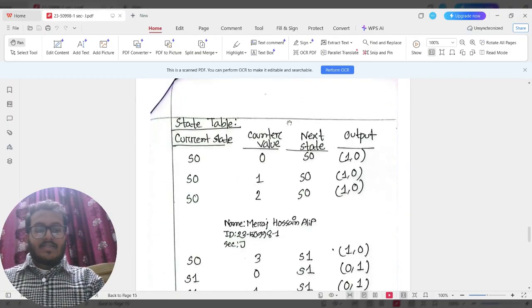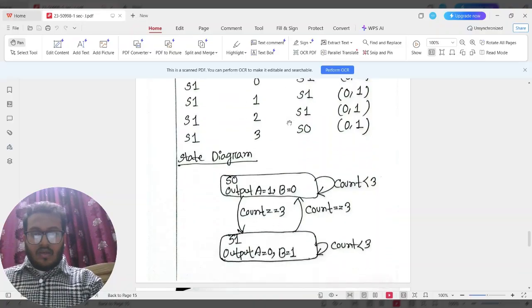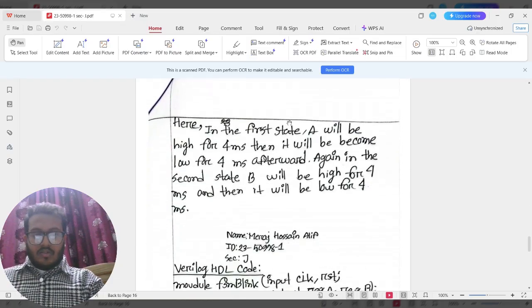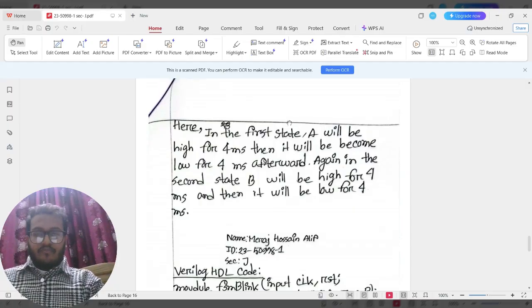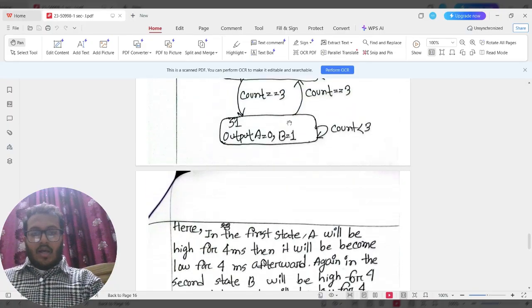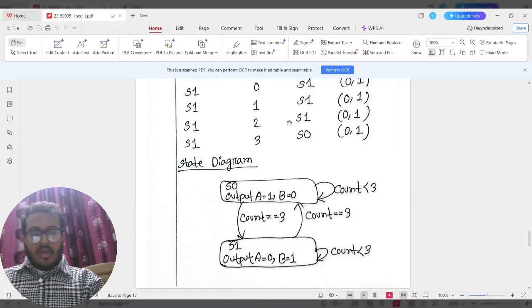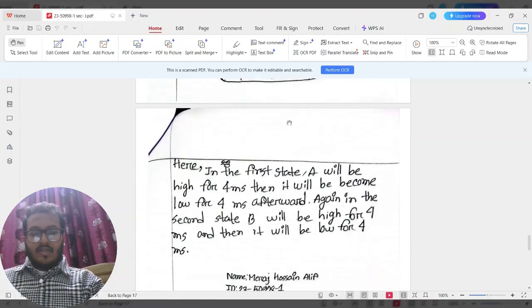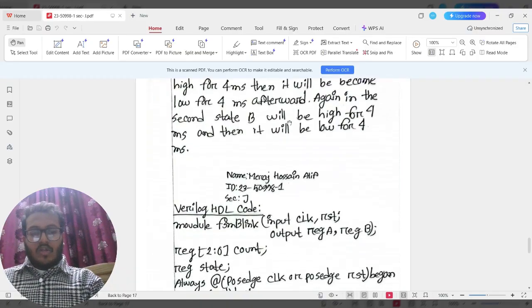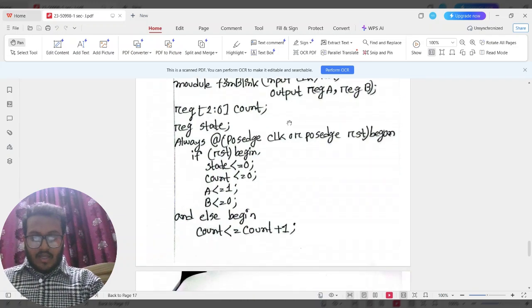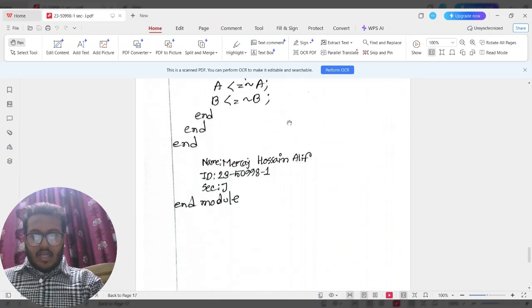There is a state table and our state diagram. So the FSM includes a state diagram, a state table, and lastly the Verilog HDL code.